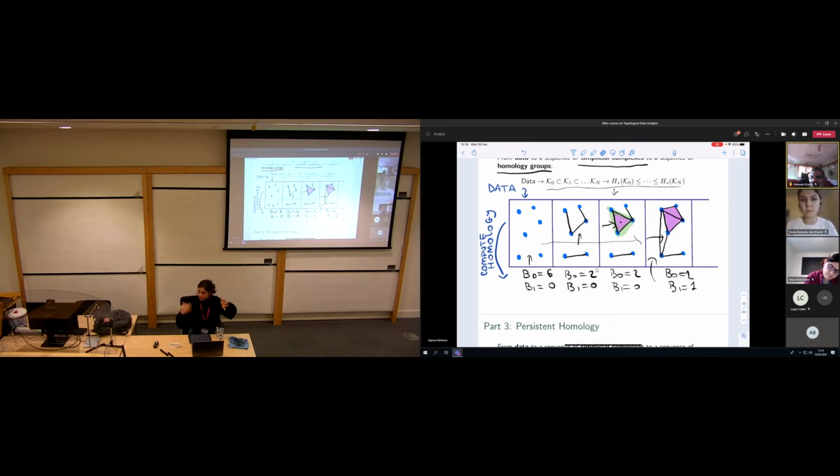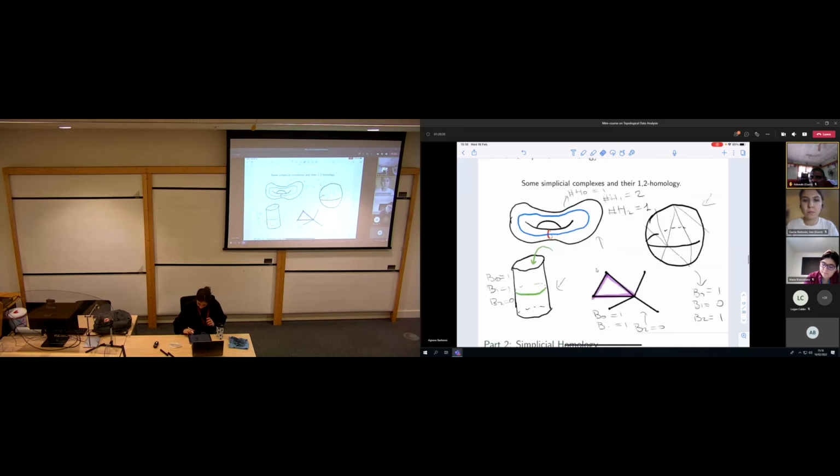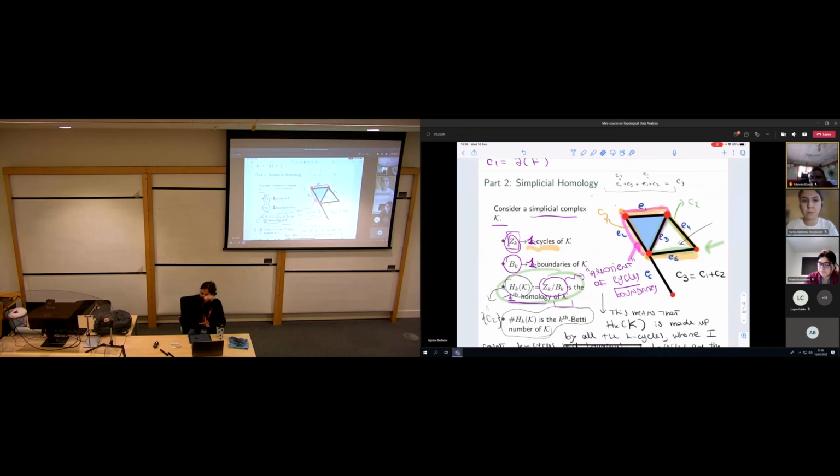It counts as nothing. For the same reason as in this image, the orange cycle and the green cycle are exactly the same thing in homology because they differ by a boundary. Similarly, the purple cycle is 0 because it is the boundary of the triangle. And so I have only one homology class here that can be seen as being generated by, for example, the green cycle.